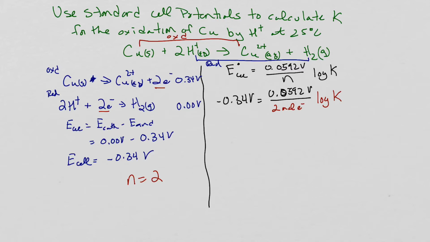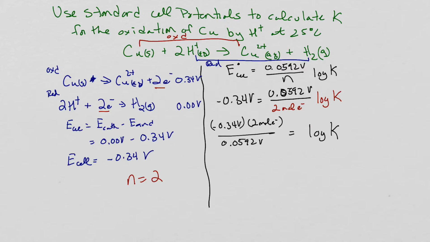So we have negative 0.34 volts times 2 moles of electrons divided by 0.0592 volts equals log of K.